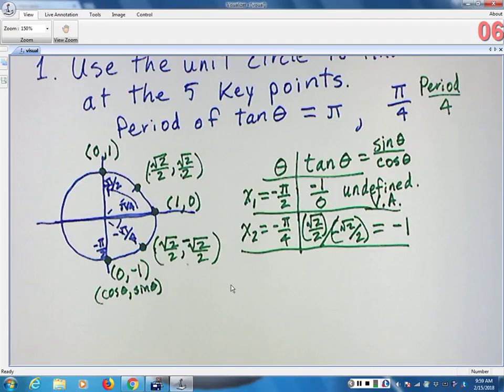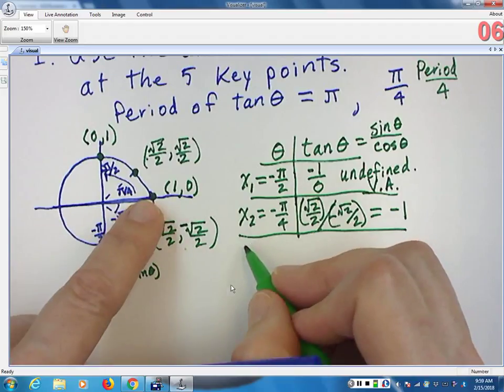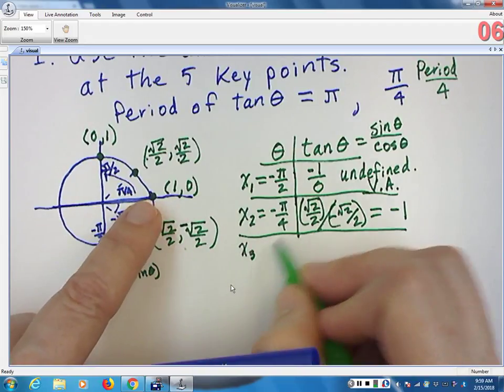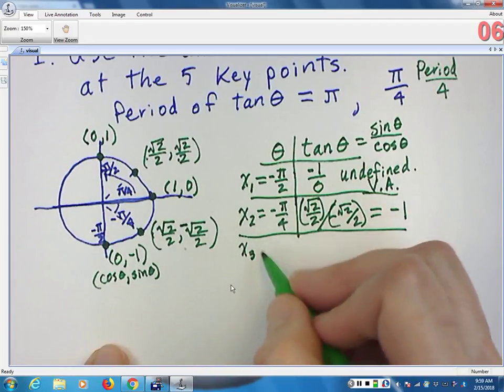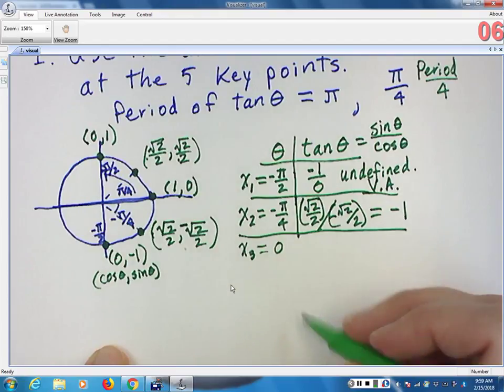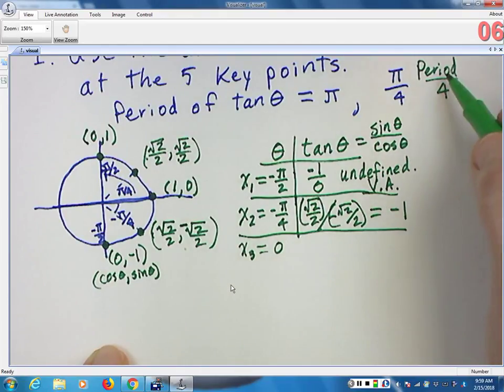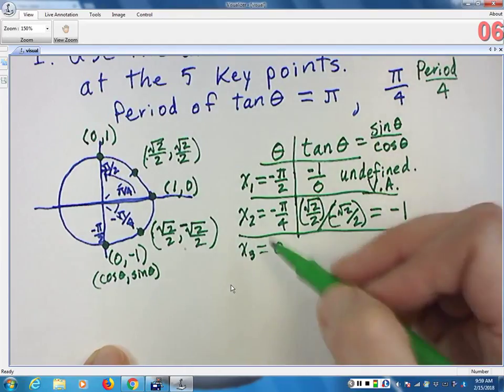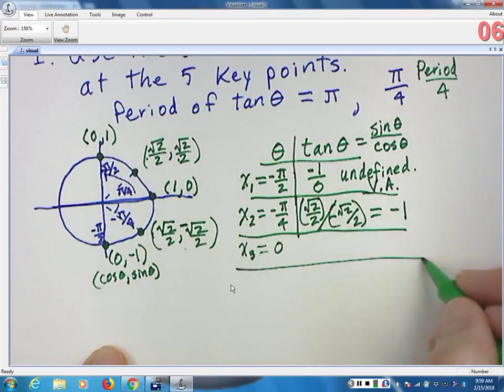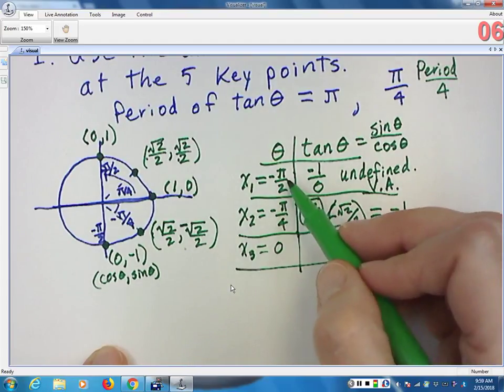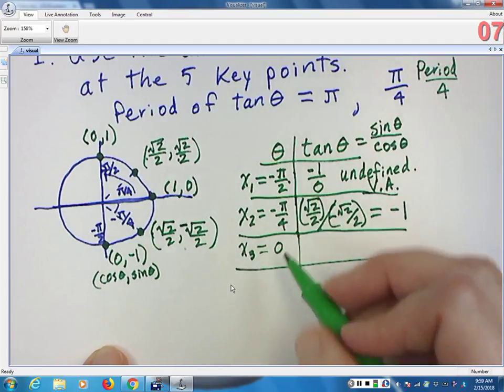Okay? And then the next point is x3. You would add pi over 4 to this, and you get 0. So it works the same way. You take the period divided by 4 and add it to each one. Minus pi over 2, we go to minus pi over 4, 0.